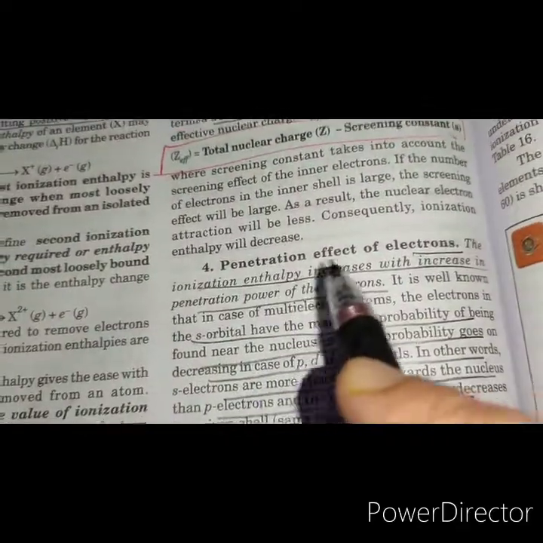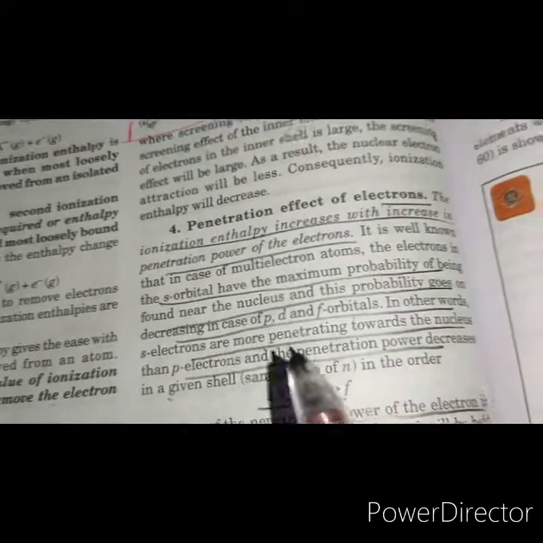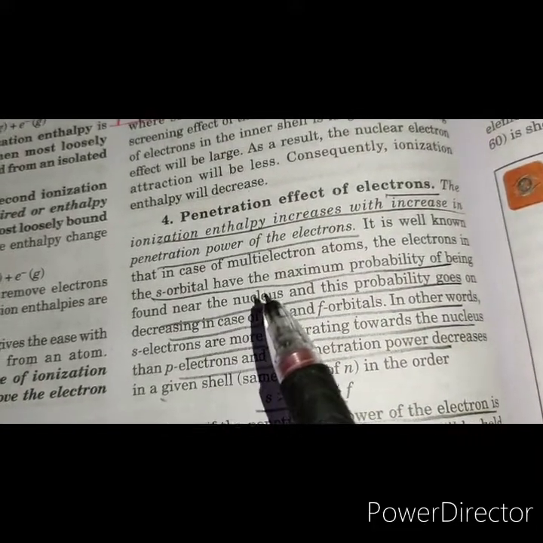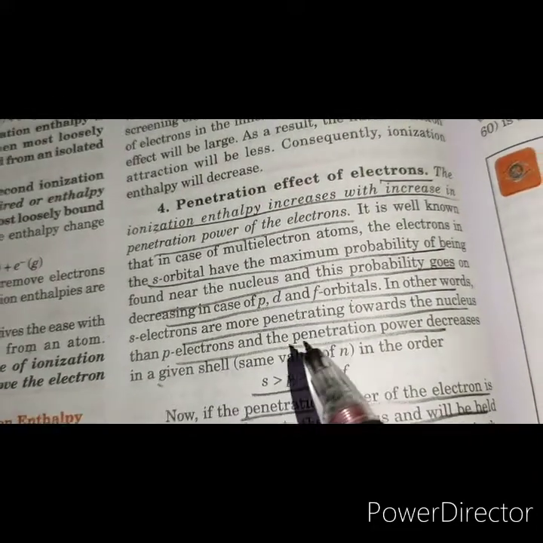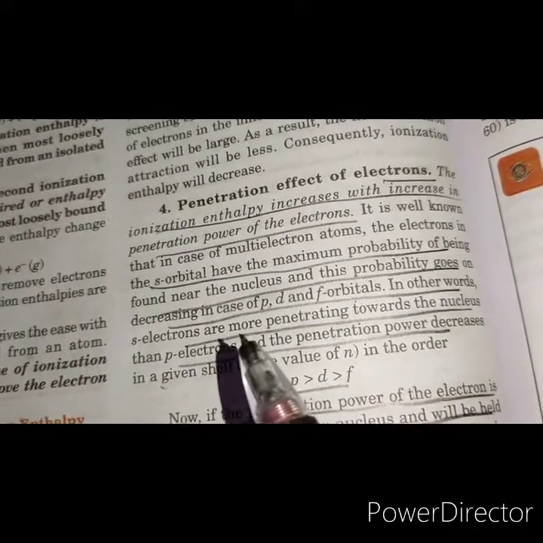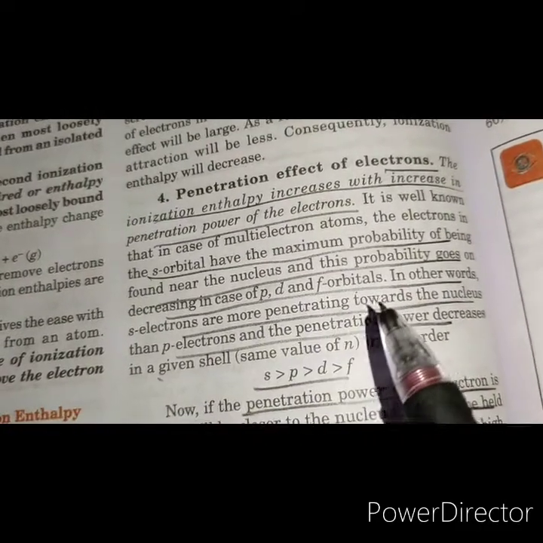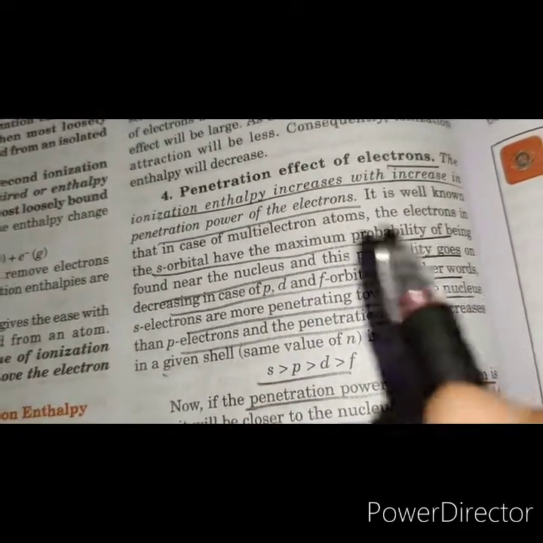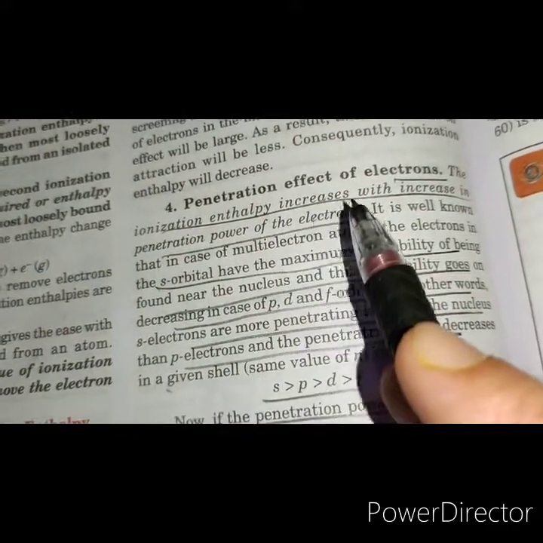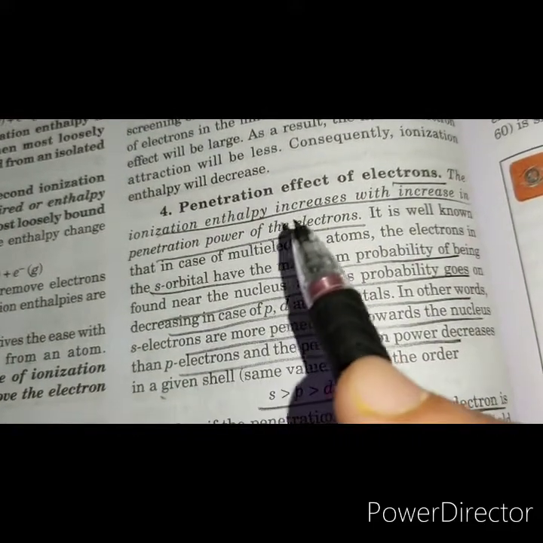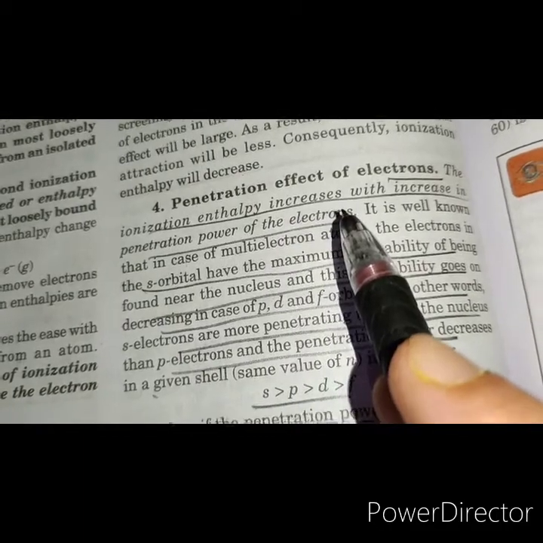Next is the penetration effect of the electrons. We know that s orbitals are very near to the nucleus. So we can say that s electrons are more penetrating towards the nucleus. When the penetration effect increases, the ionization enthalpy increases.